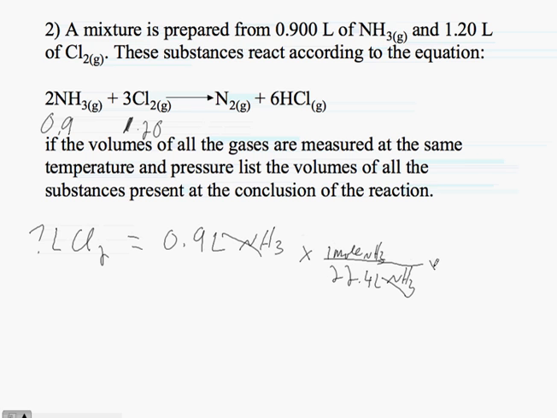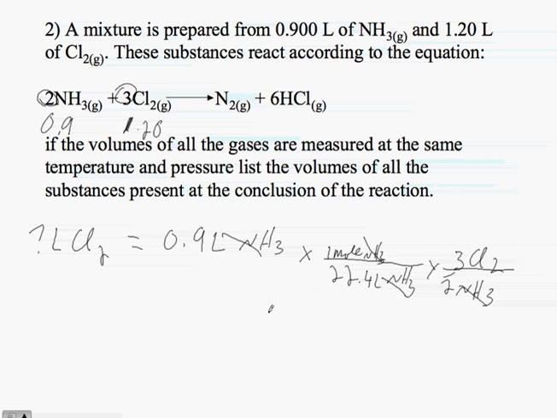But we want our answer in liters of Cl2. So we use our conversion factor, which says for every 2 moles of ammonia, I have 3 moles of Cl2. I put ammonia on the bottom because I want it to cancel out. Moles of ammonia cancel out, and if I stop at this point, my answer would be in moles of Cl2. But again, I want my answer in liters of Cl2.